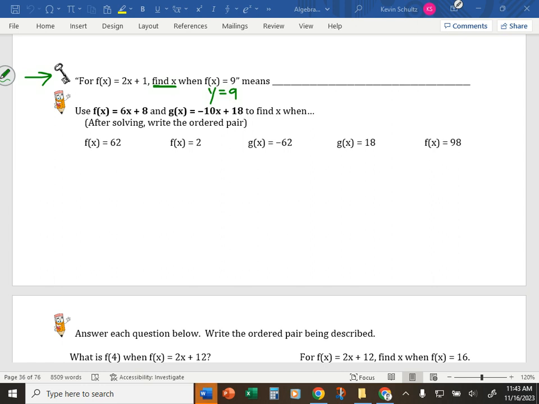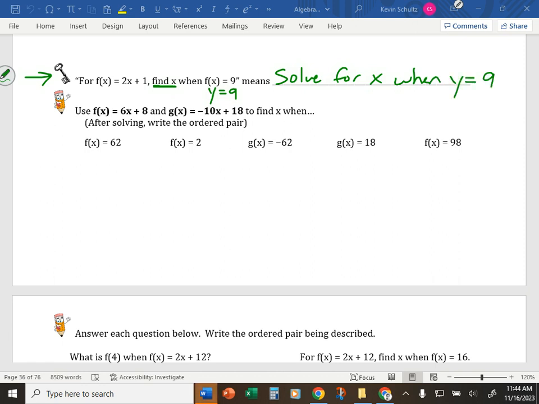Notice I didn't replace x with anything, so I'm not going to be replacing x. I want to find what x is when y equals 9, because remember, f of x just means y. So when you see this, find x when f of x equals 9, it means solve for x when y equals 9.